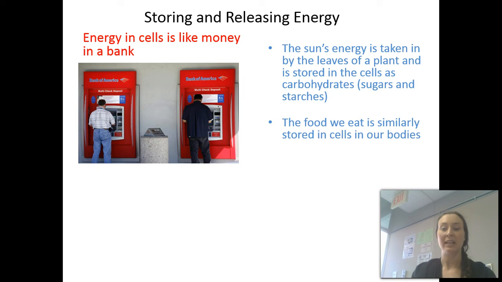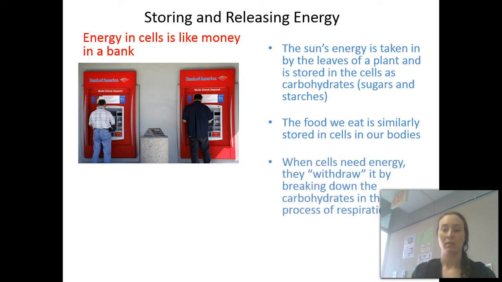The food we eat is similarly stored in our bodies. When cells need energy, they withdraw it by breaking down the carbohydrates in the process of respiration. So when those carbohydrates are broken down, energy is released.